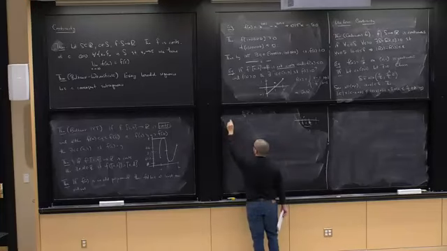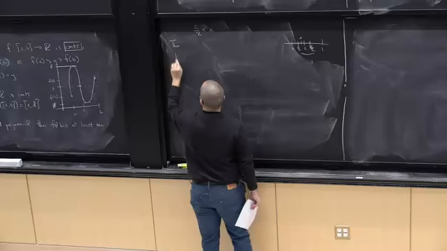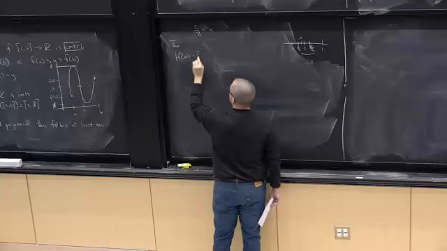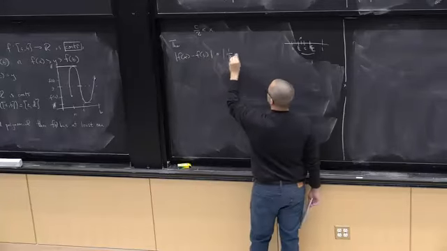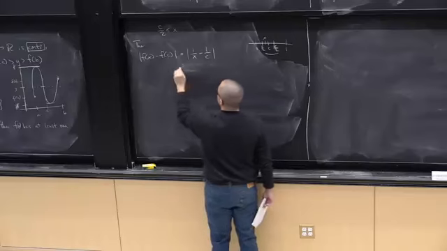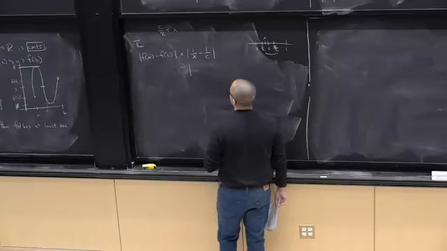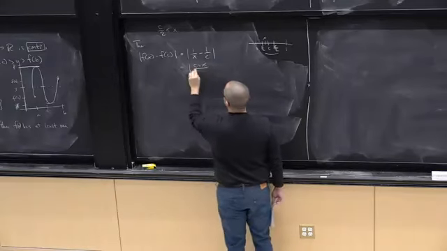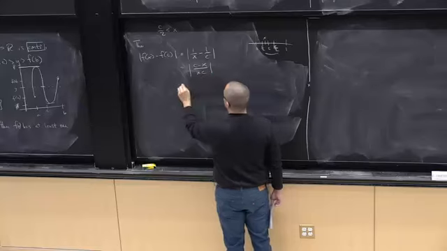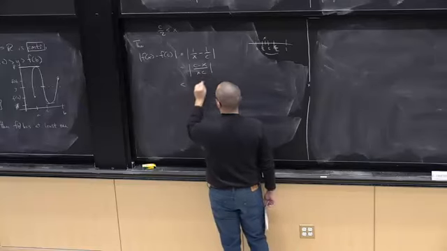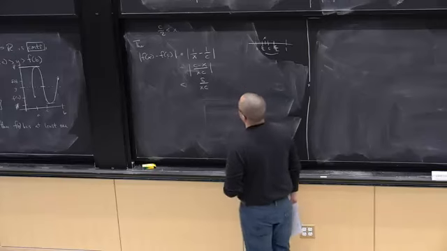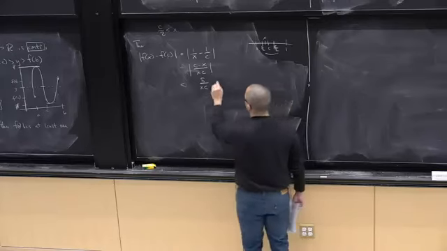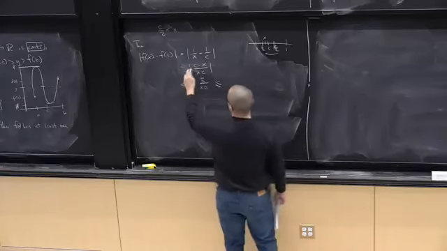Now we look at |f of x minus f of c|. This is equal to |1 over x minus 1 over c|, which equals |c minus x| over x times c, which is less than delta over x times c.